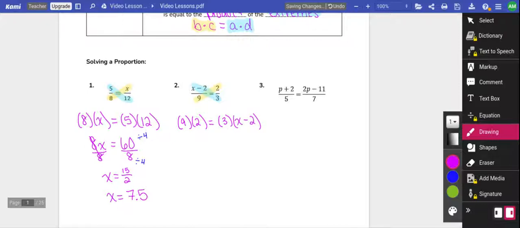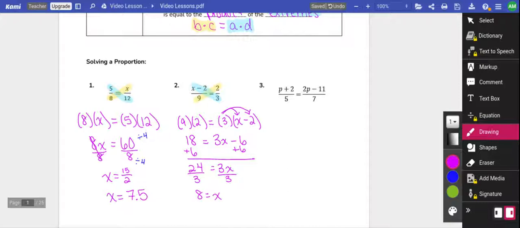And this is why writing it out comes in handy, is because right now I'm going to need to distribute 3 to both terms of that binomial. 9 times 2 is 18. 3 times x is 3x. And 3 times 2 is 6. I'm going to solve my equation now. And I get x is equal to 8.